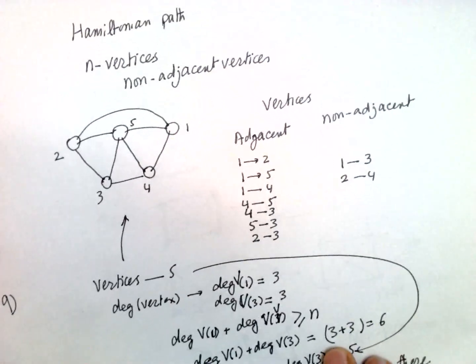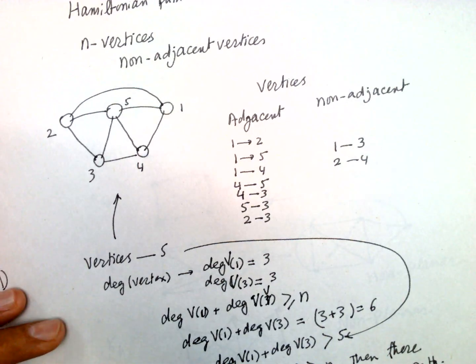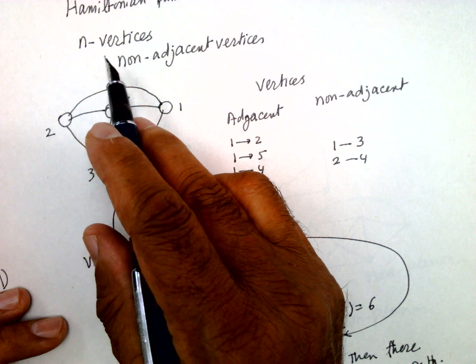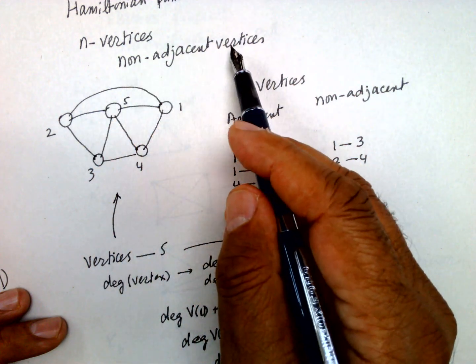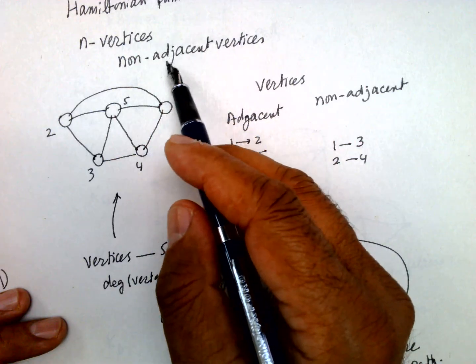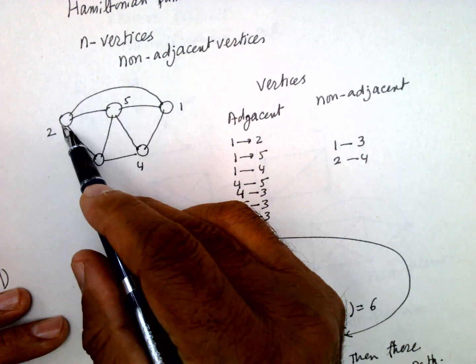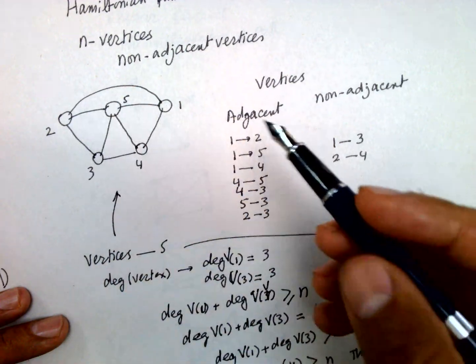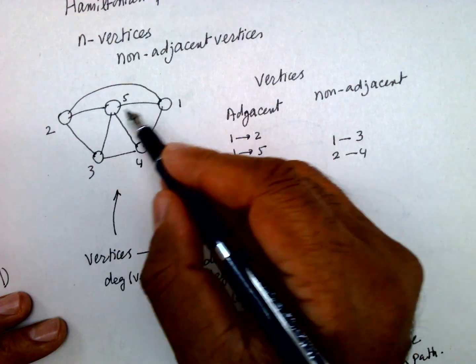Hamiltonian path. So if we consider a graph which has n vertices, and there are some adjacent and non-adjacent vertices. So this is 1, 2, 3, 4, and 5. Adjacent vertices are close to each other.